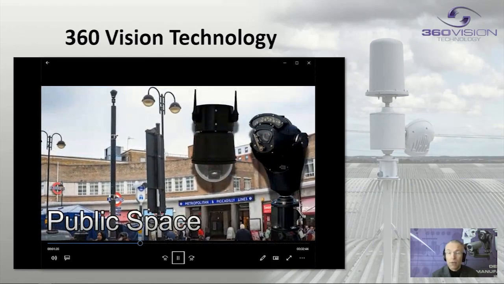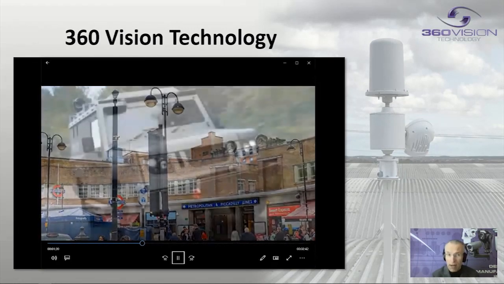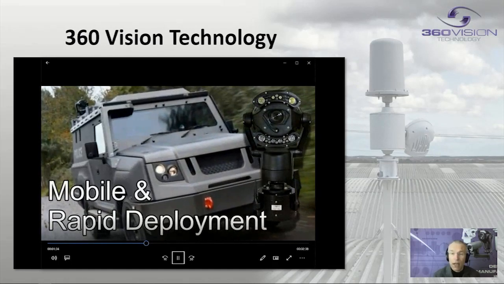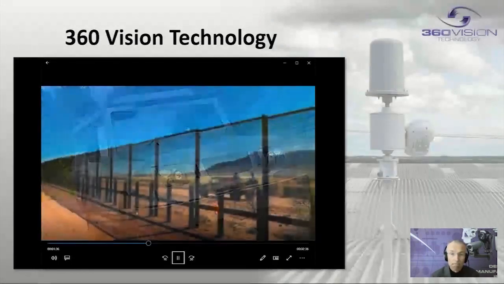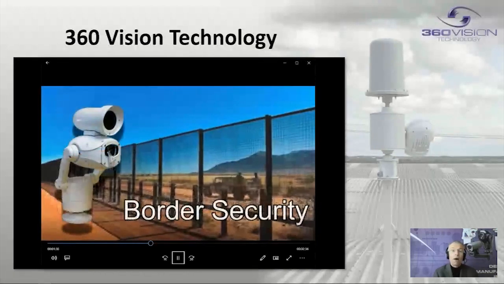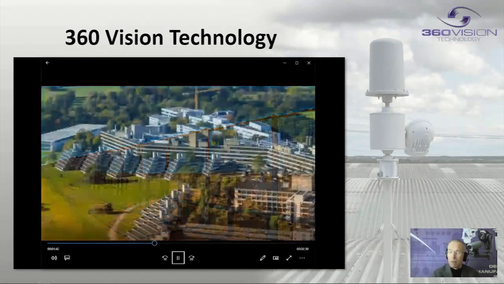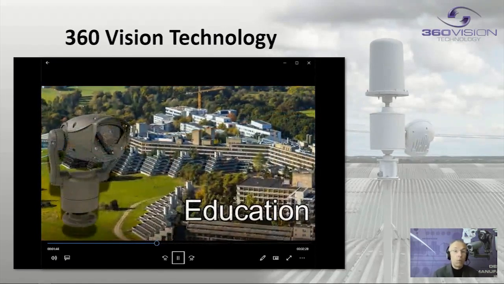Of course, one of those today we're talking about, which is Predator Radar, where we have a surveillance product attached to a radar detection technology. So as each of these verticals scroll by, you can see some of those applications that not only standard cameras, but particularly radar could be used for.